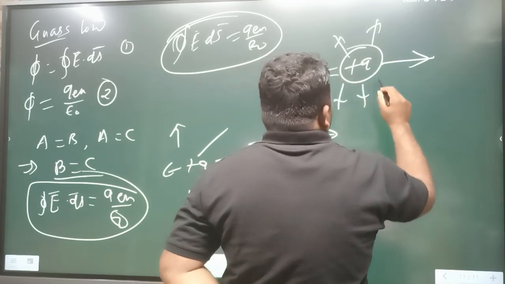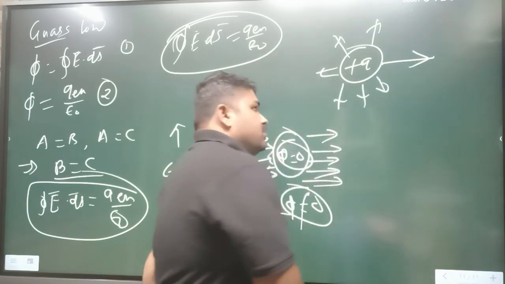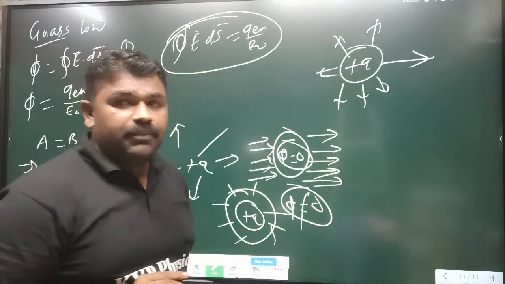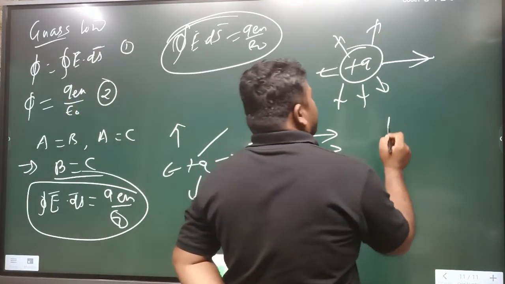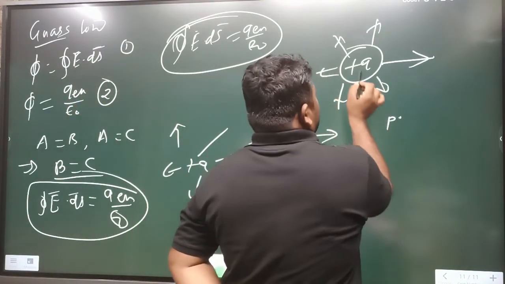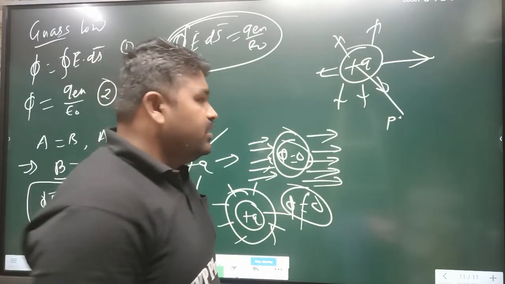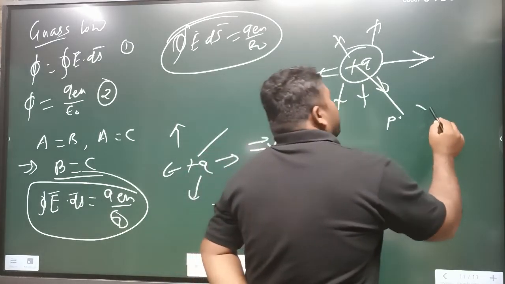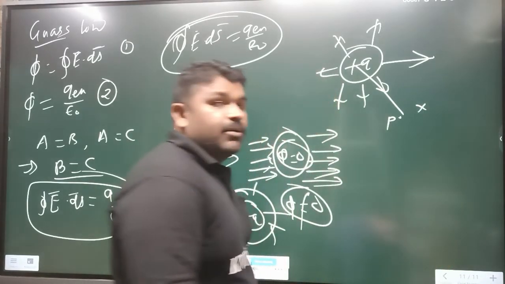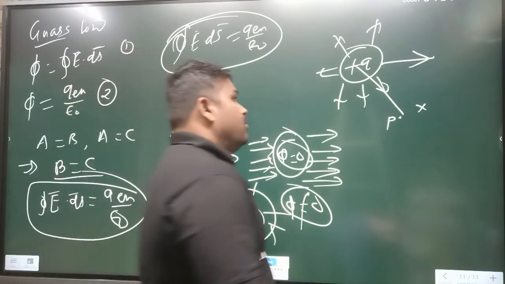Yes or no? Suppose we need to find out what is the electric field at a point P. P point is here. This distance is suppose 2 meter. Suppose we get X amount of electric field at point P.